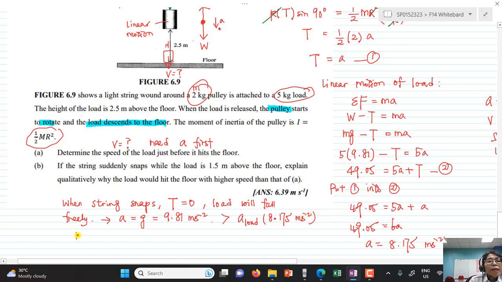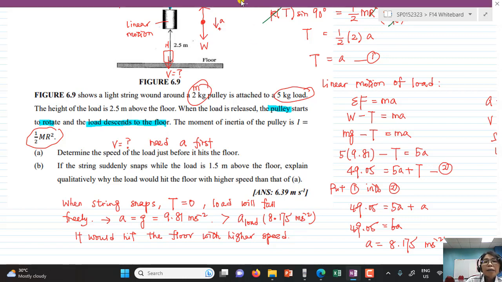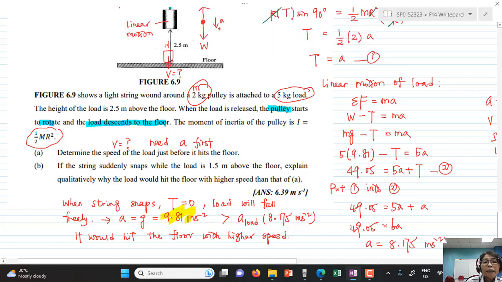So it means that it would hit the floor with higher speed. Because now when the string breaks, it falls freely. So when it falls freely, it feels the pull of gravity. The value of gravity, 9.81, is larger than the acceleration when the load is attached to the string.